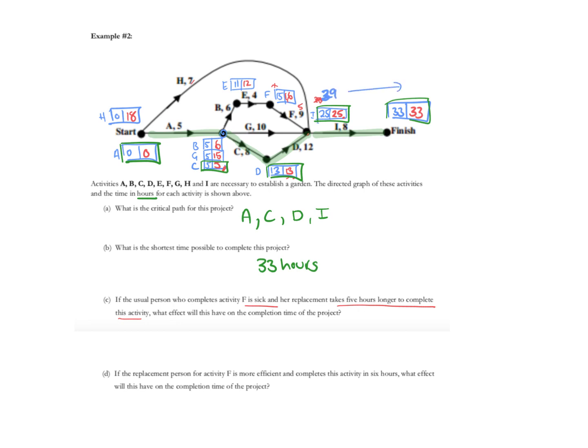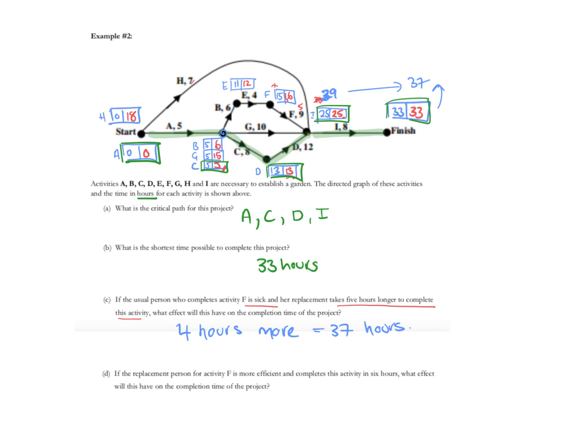And then if you add the I, 29 plus 8 is 37. So it did increase the critical path. So what does it do? It'd be 4 hours more. Even though she takes 5 hours, we went from 33 to 37, which is 4 hours more. Don't you just minus it from the float time of the activity?